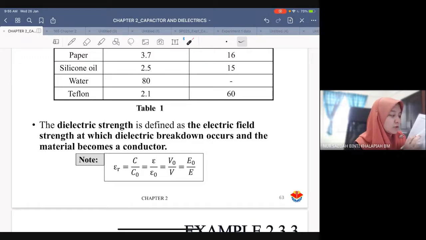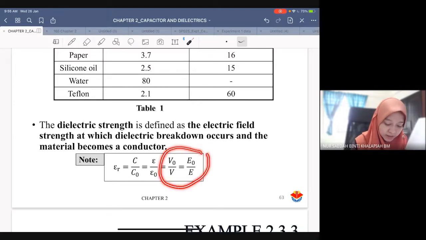Dua sebenarnya formula ER yang dia bagi. Yang C dengan E. So yang dia tak bagi adalah yang V naught over V dengan E naught over E ni. Yang dua ni dia bagi sebenarnya dekat formula nombor 17 dan 19.